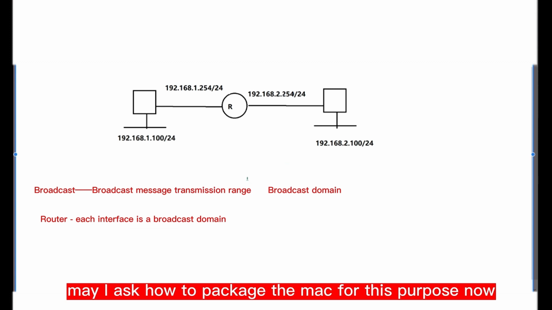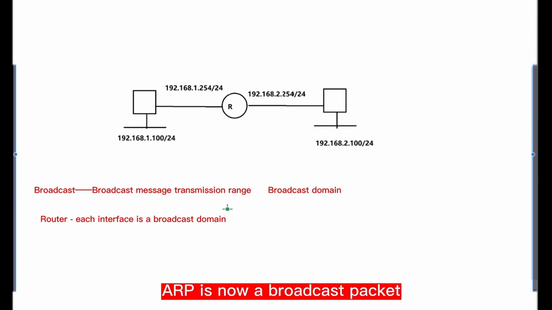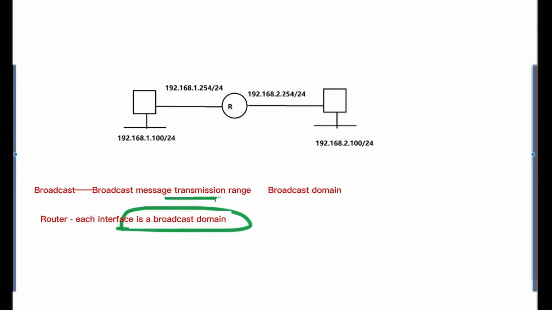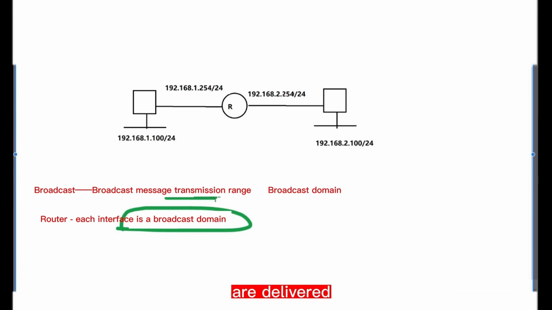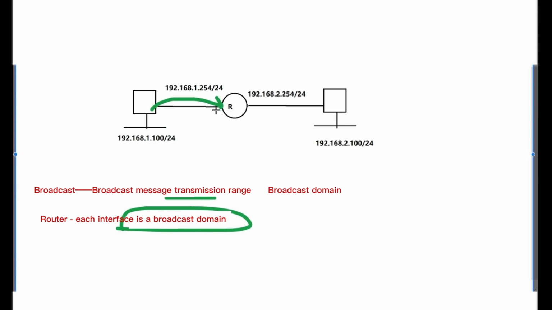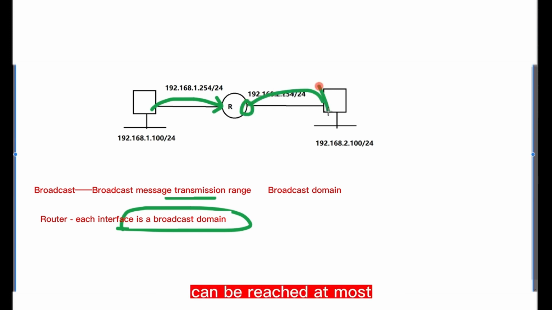May I ask how to package the MAC for this purpose now? ARP is a broadcast packet, but each interface of the router is a broadcast domain. This is the range to which broadcast packets are delivered. That is, if PC1 sends an ARP request now, only this interface of the router can be reached at most.